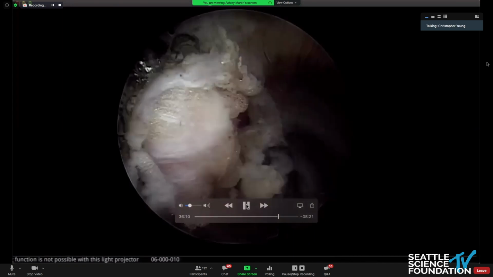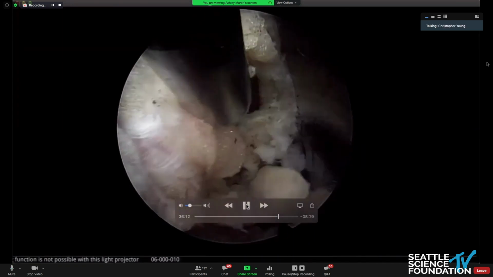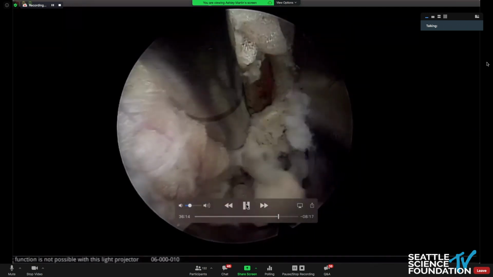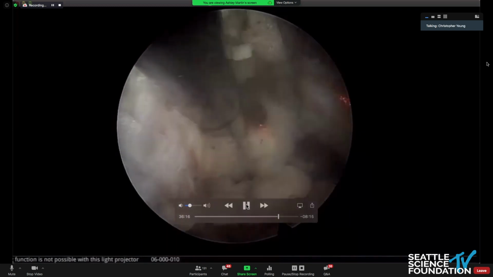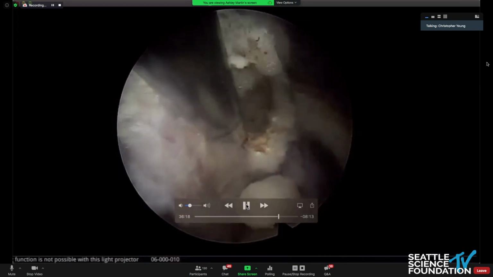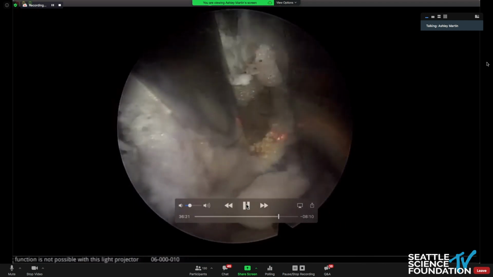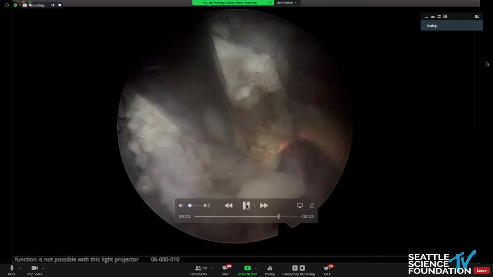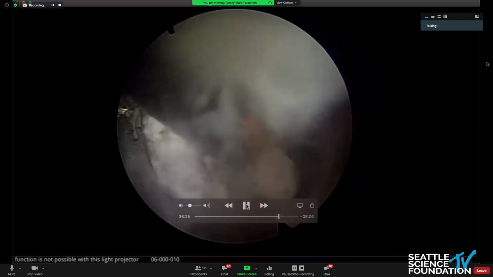and using it safely. Okay, right here is where I want to. And that's really the tip of the superior articular process right there. The nerve root on the left. Giving my laser to the right.